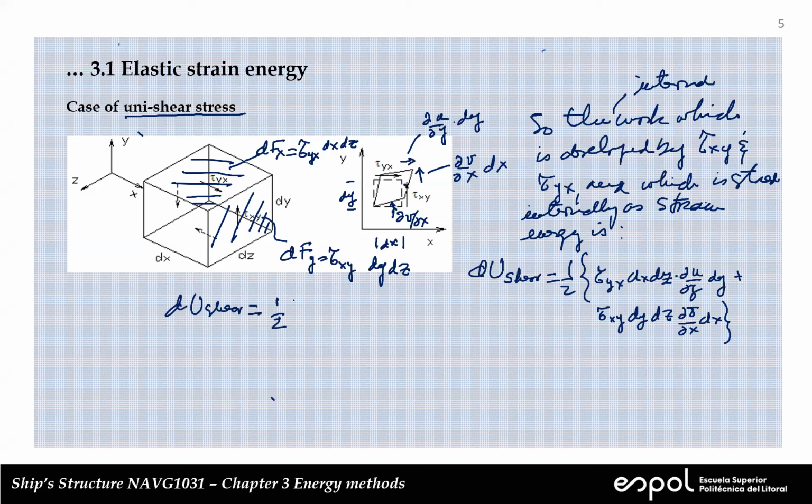So this is equal to tau, for example, xy, and we have dx dy dz as a common term, times du dy from the first term, plus dv dx from the second. So that's an expression for the internal stored energy because of one single shear stress, in this case tau xy.